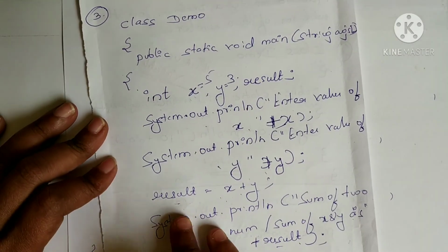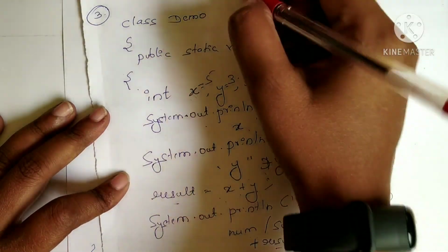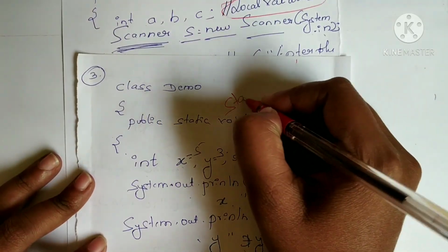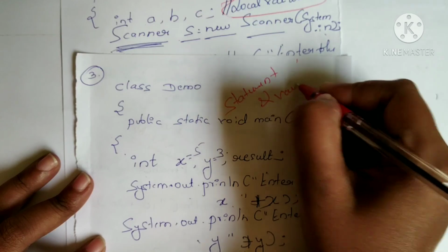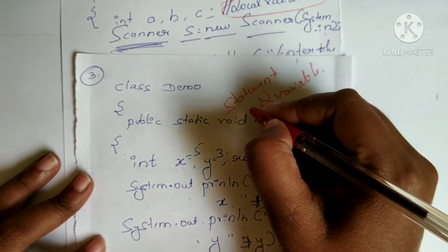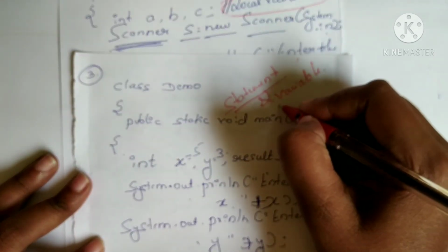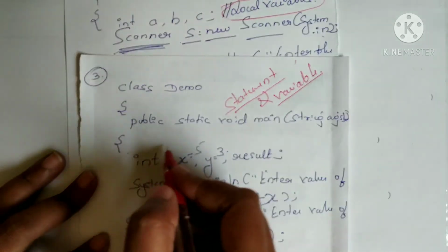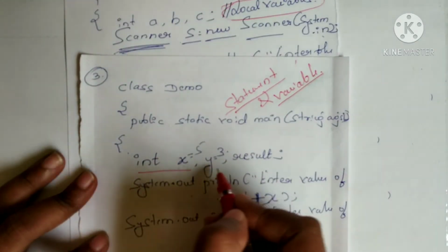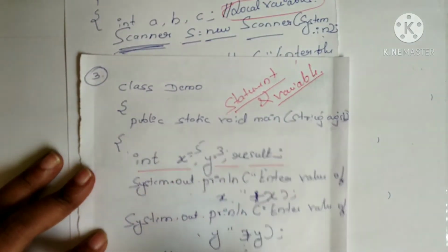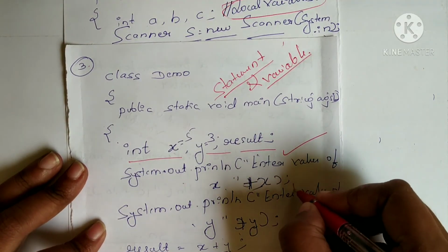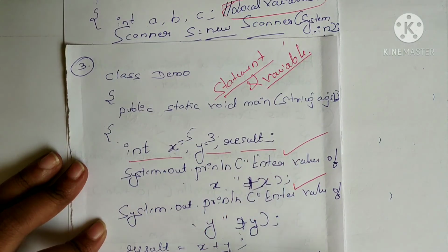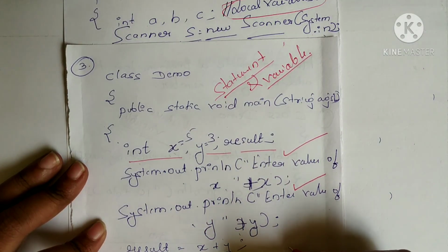In the third way we used statements and variables. We created the variables int x, y and result. The statements are Enter the value of x, Enter the value of y and the sum of two numbers, or sum of x and y.